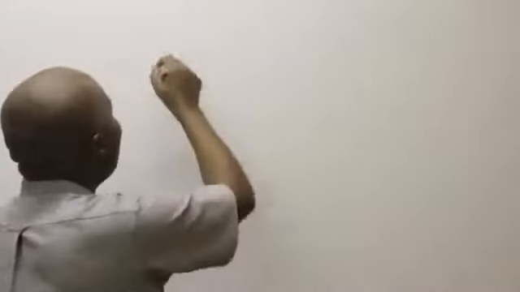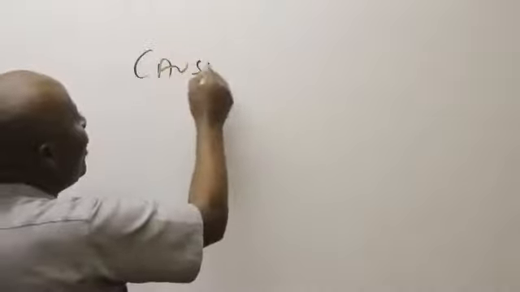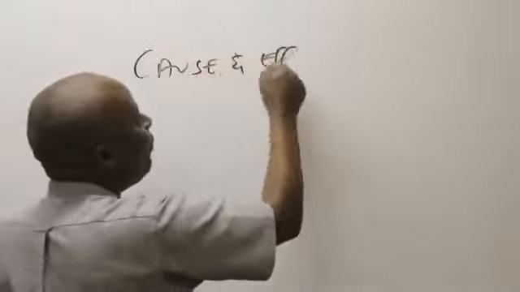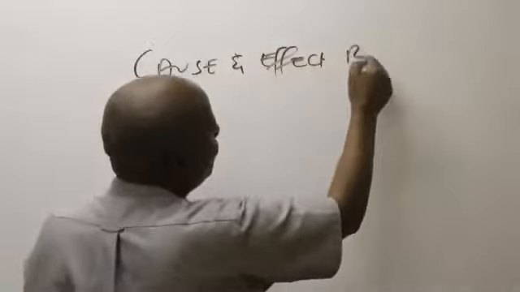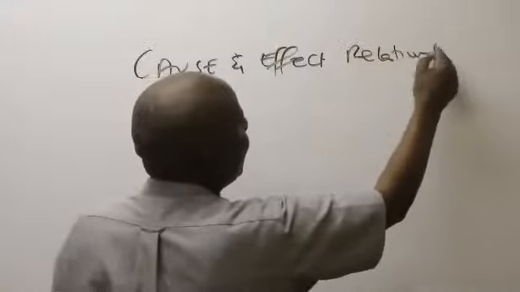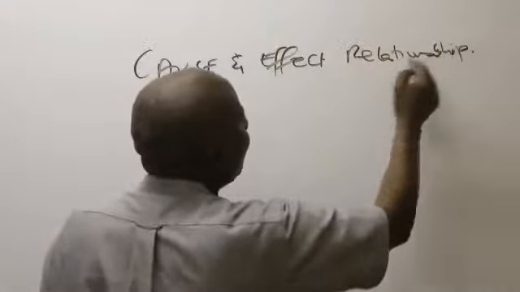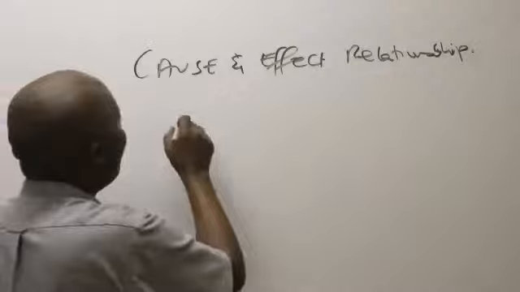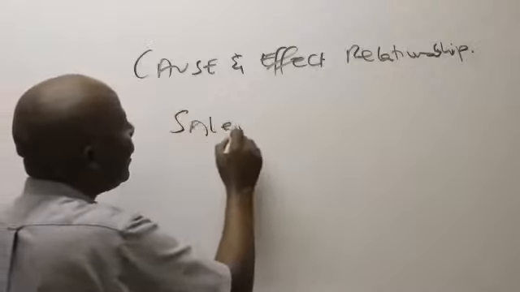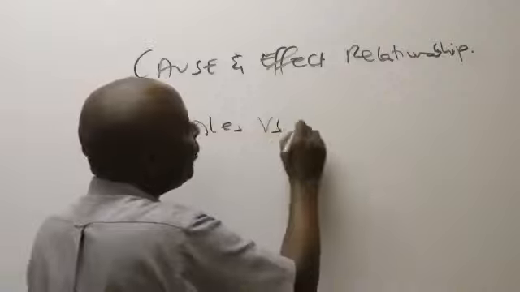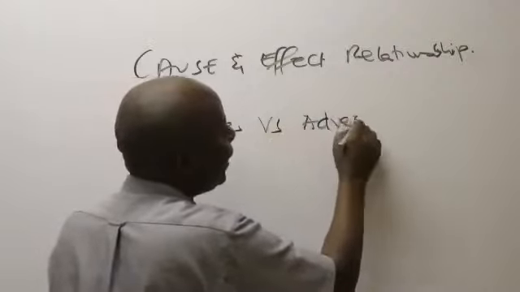Thank you very much, Caro. Company science, we have what we call cause and what here? Cause and effect relationship between variables. Ladies and gentlemen, we know that, for instance, sales is directly related with what here? Advertising.